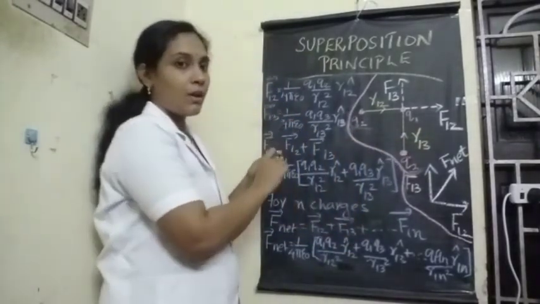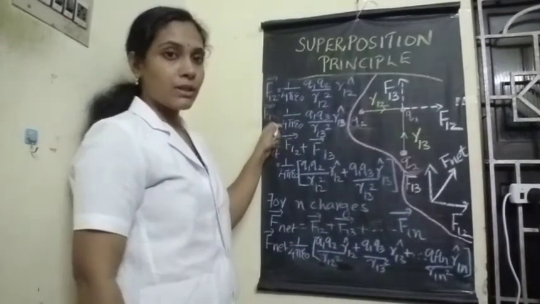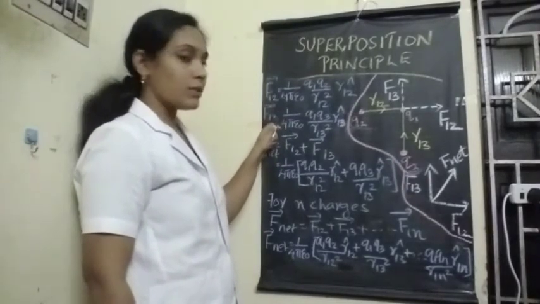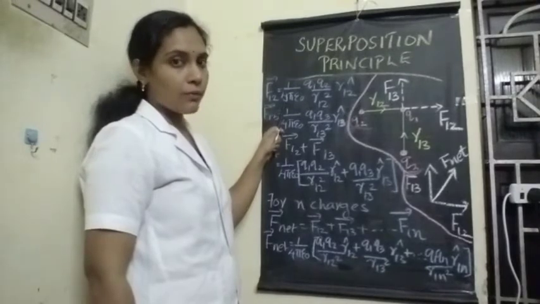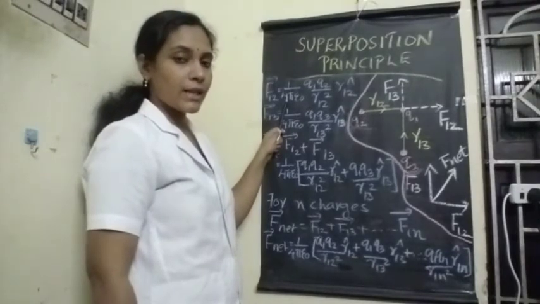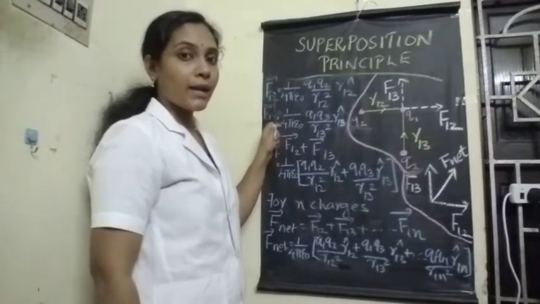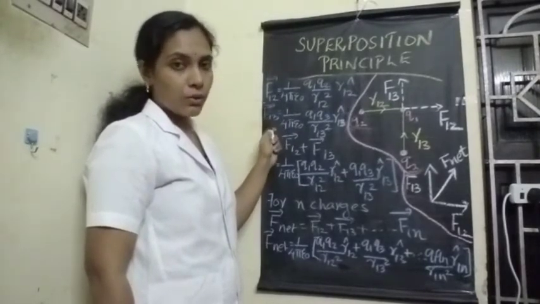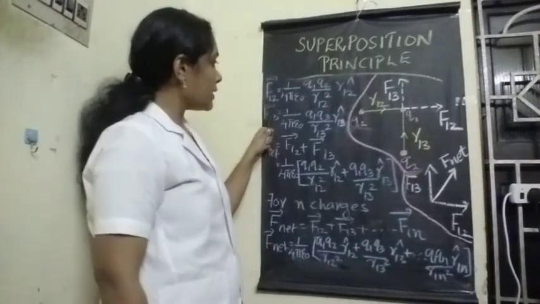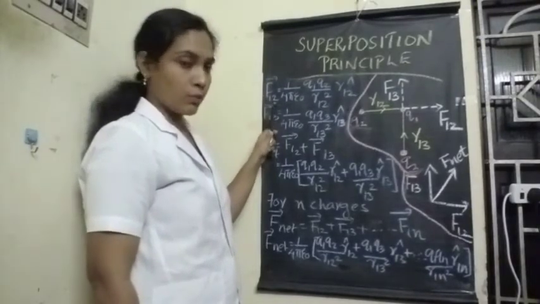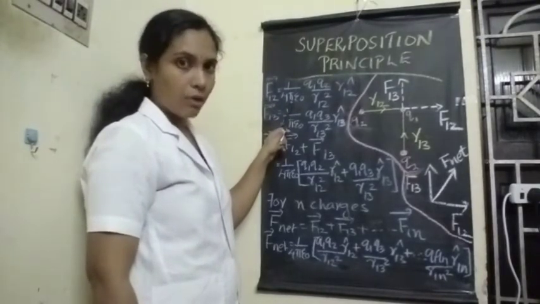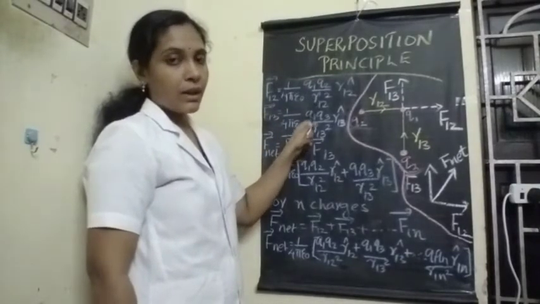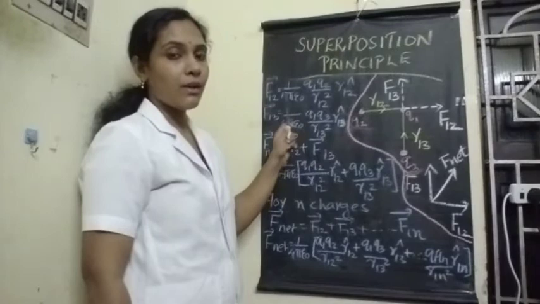Okay, so let's find an expression for F12 and F13. What is F12? F12 is equal to, you know the expression for force as per Coulomb's law: 1 by 4 pi epsilon naught Q1 Q2 by R square into the unit vector. So F12 is 1 by 4 pi epsilon naught Q1 Q2 by R12 square into the R12 unit vector.